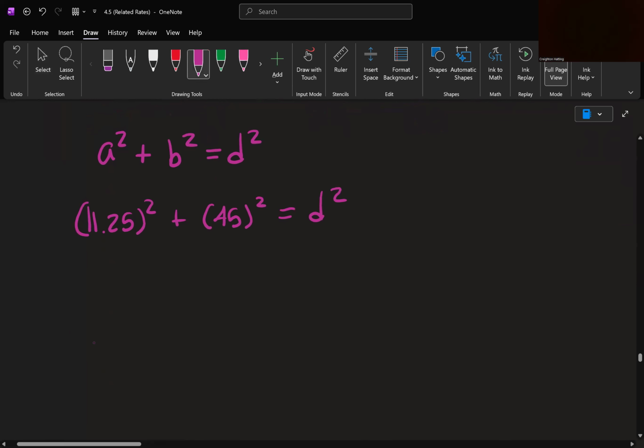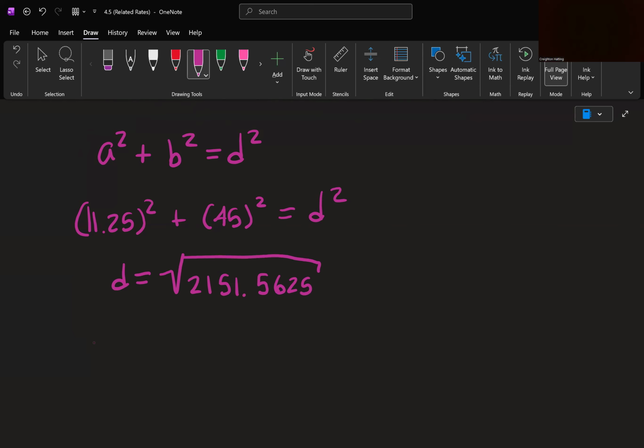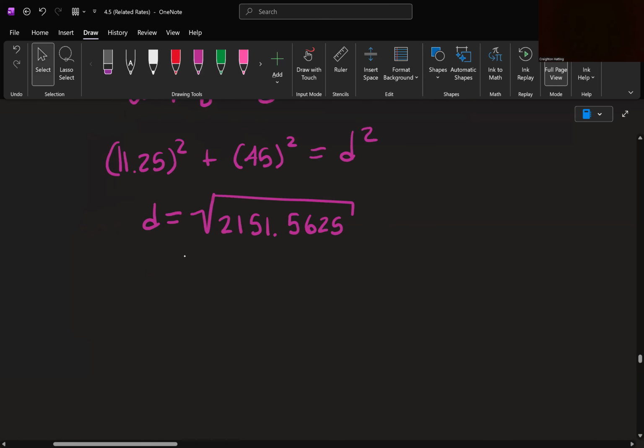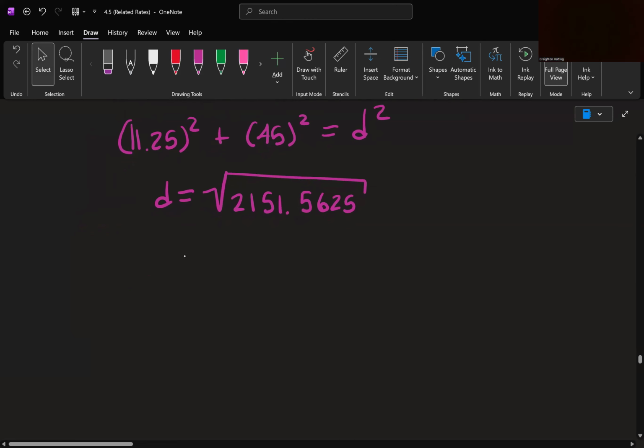And when we work this out, you should get D is the square root of 2,151.5625 10,000ths. Okay, there you go. This would be the exact value of D. So we're going to leave it as an exact value. Calculus, we like exact values, and we don't really like estimates as much.